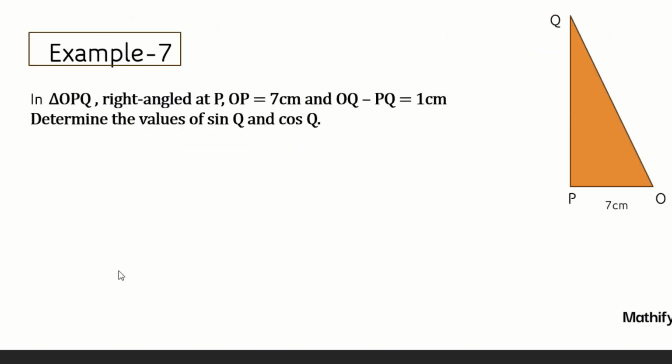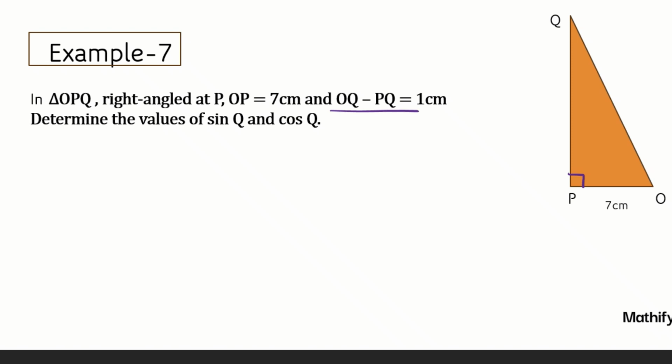Now come to example 7. In example 7, in triangle OPQ, right angled at P. So this triangle is right angled at P. OP is equal to 7 centimeter and OQ minus PQ is equal to 1 centimeter.